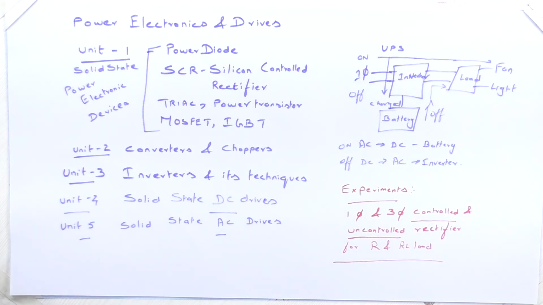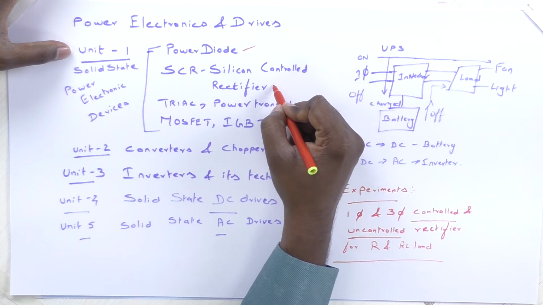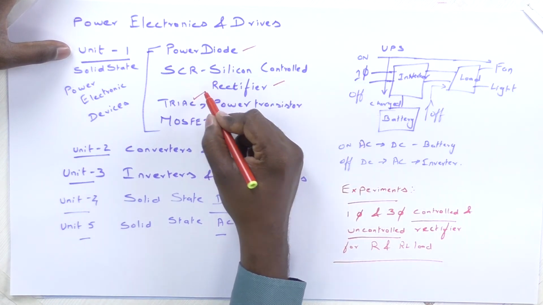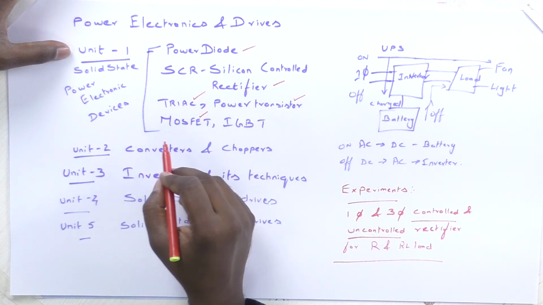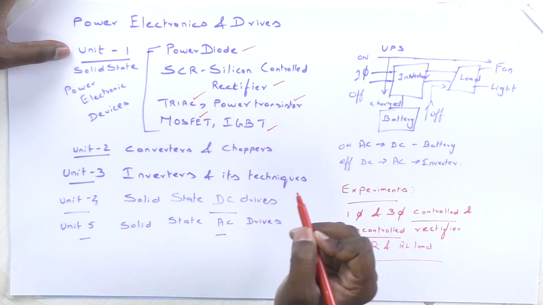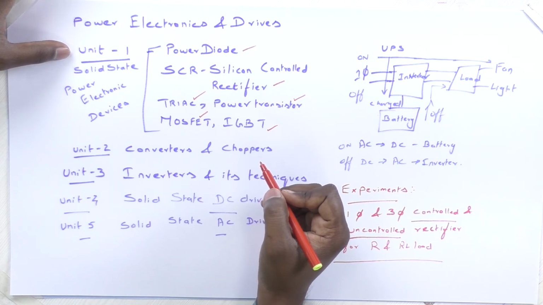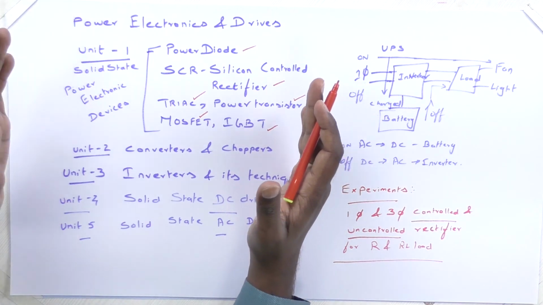Our first unit mostly deals with the power diode, silicon controlled rectifier, triac, power transistor, MOSFET, which stands for metal oxide semiconductor field effect transistor, and IGBT, insulated gate bipolar transistor. So solid state power electronic devices are what we will be studying in our first unit.